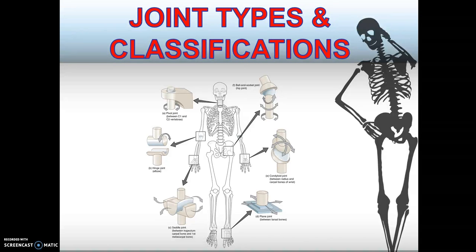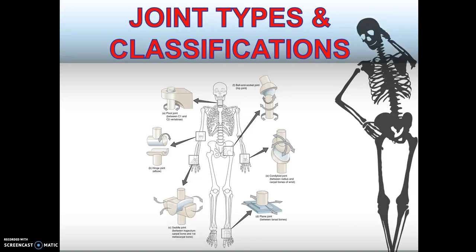There are 3 types of fibrous joints, which are the cranial sutures, syndesmoses, which are found between long bones, and gomphoses, which are found at the articulation between teeth and the sockets of the mandible.